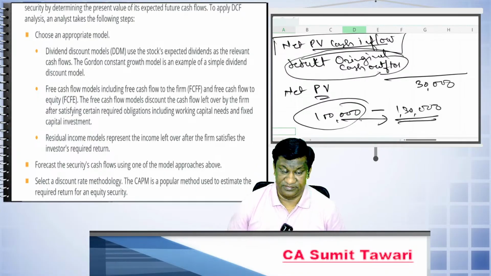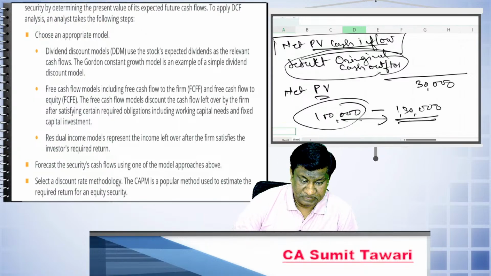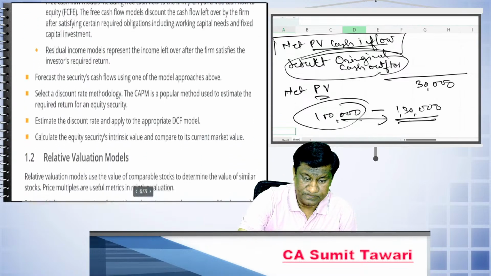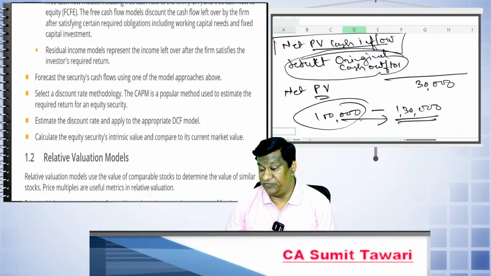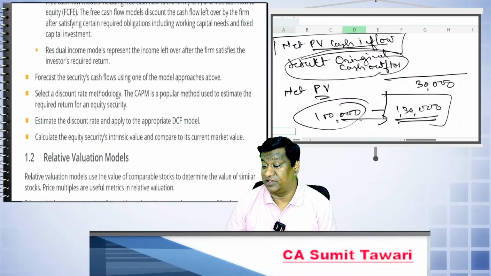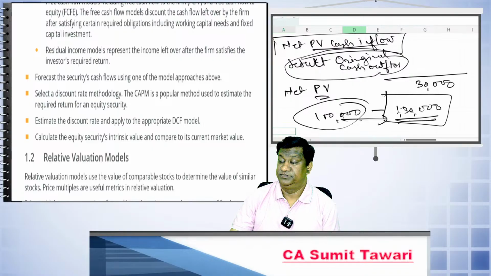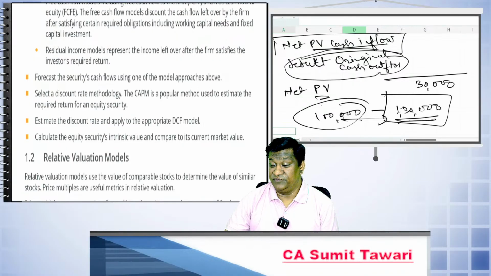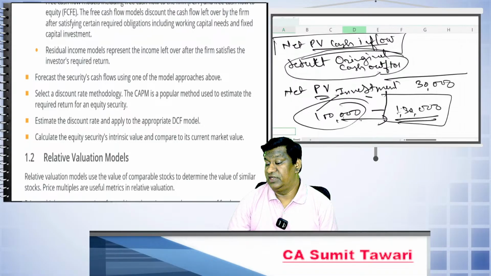Are you able to clear? Okay, so value of the equity is basically 1,30,000, not 1,30,000 minus 1 lakh. That you need to keep in mind. This is my investment, and the market value of this investment is 1,30,000.